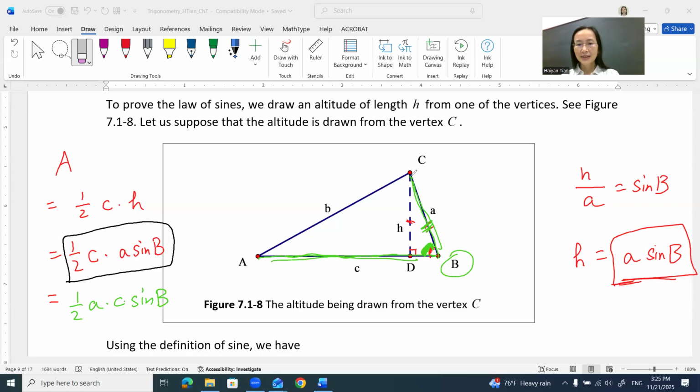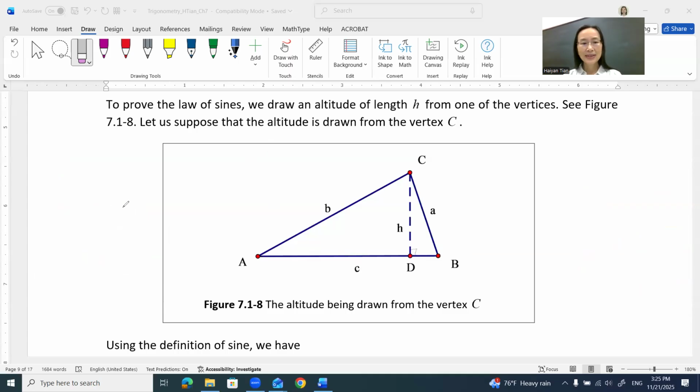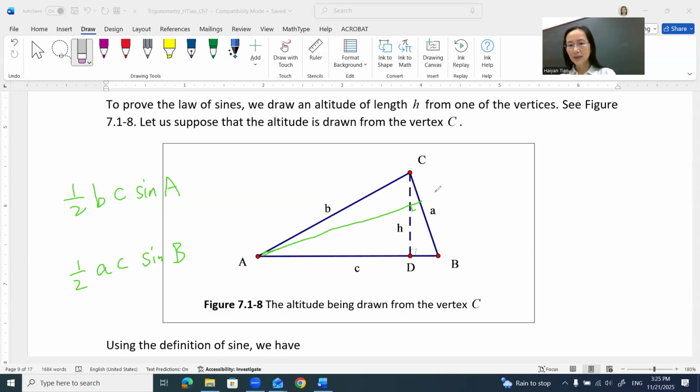So far you've seen two versions. One is half of bc sine A. The other version is half of ac sine B. And imagine if you draw the height from A to this base. Then a could be viewed as a base, and the height would be something different.